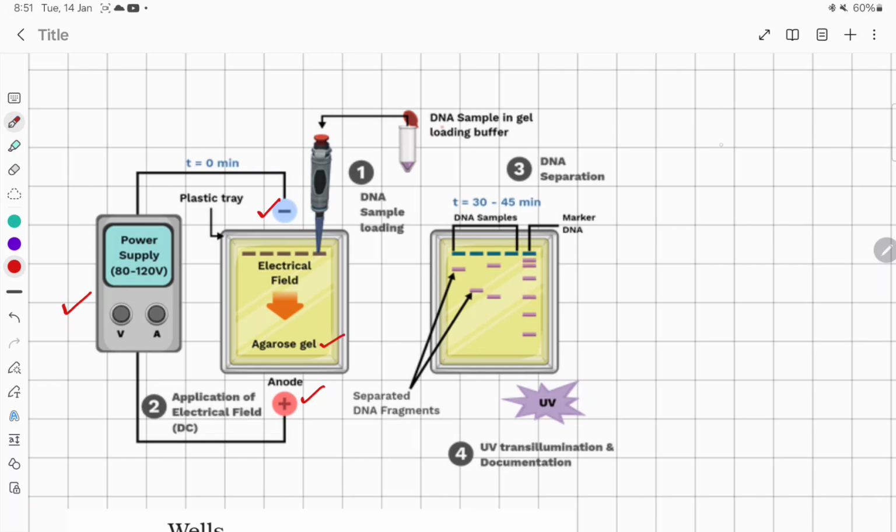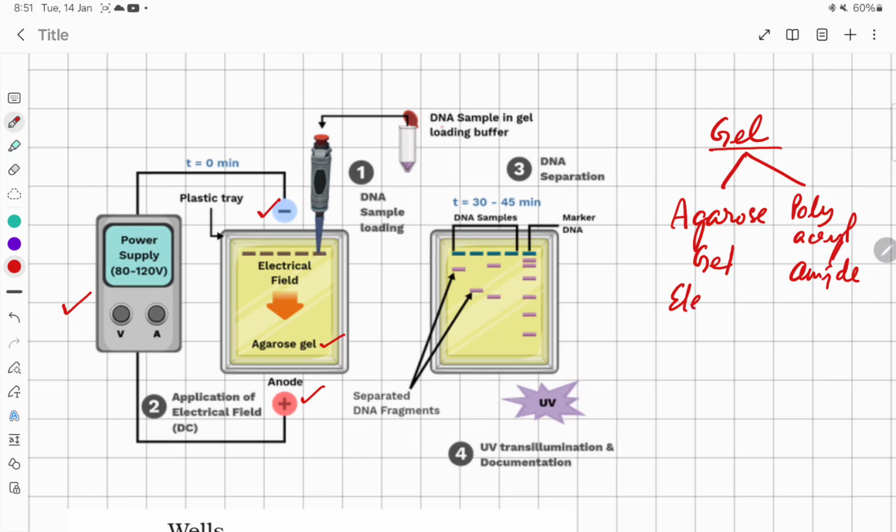Depending on the gel used, we can have two types of gel electrophoresis. One is agarose gel electrophoresis, or AGE, and the other is polyacrylamide gel electrophoresis, or PAGE.